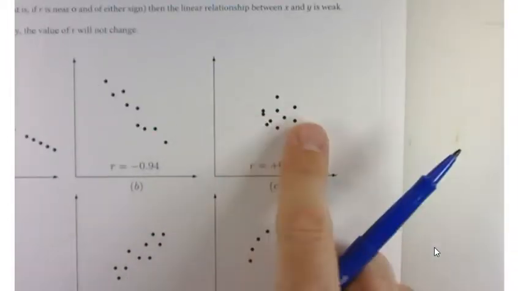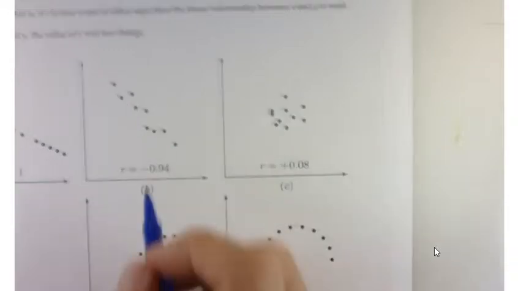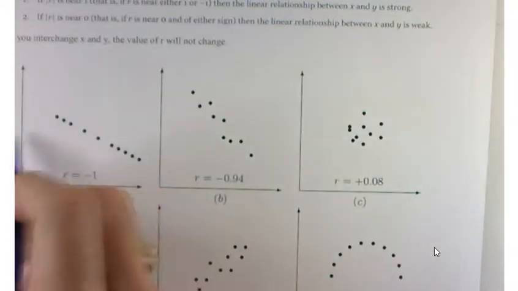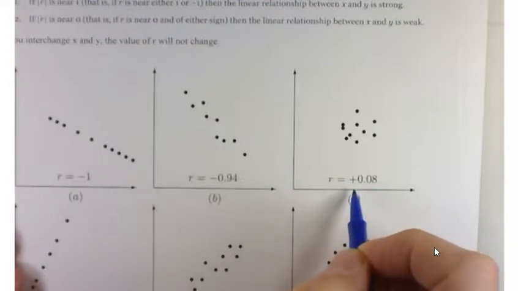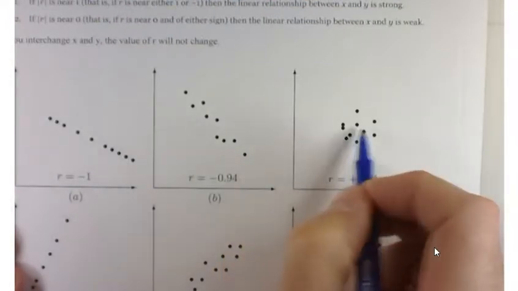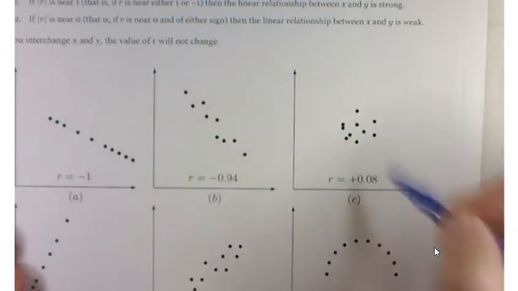How about over here? Does knowing what the value of x is help you make a prediction as to what the value of y is? If I told you what x is over here, or over here, you have a pretty good idea what y is. But if I told you the value of x here, well, it could be this one, this one, this one. Just don't know. It's kind of a blob.